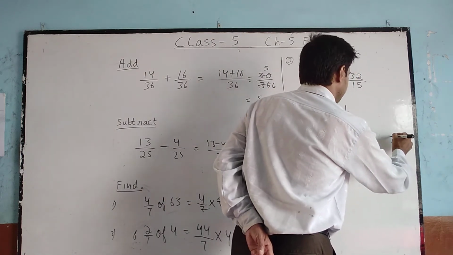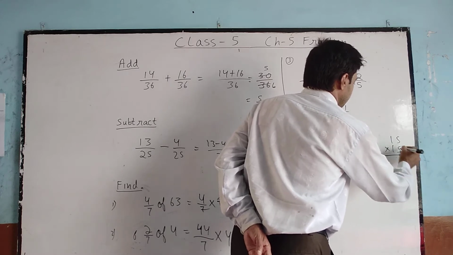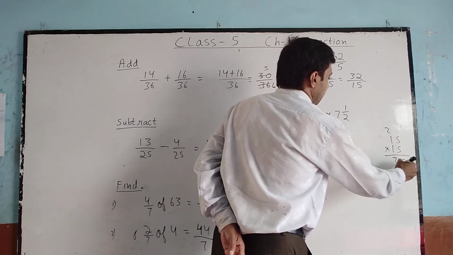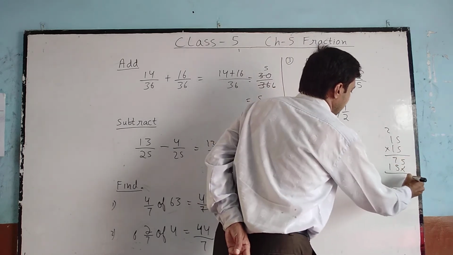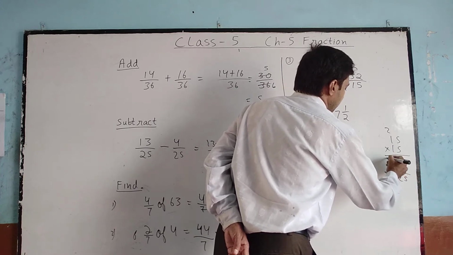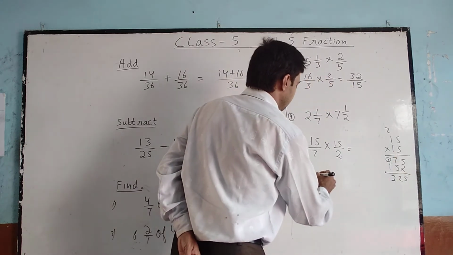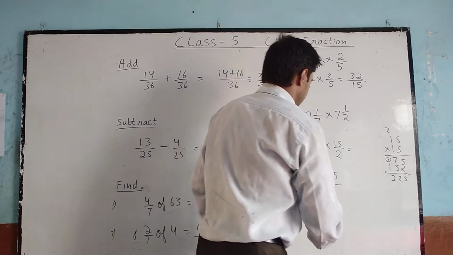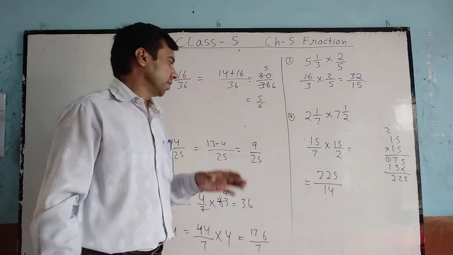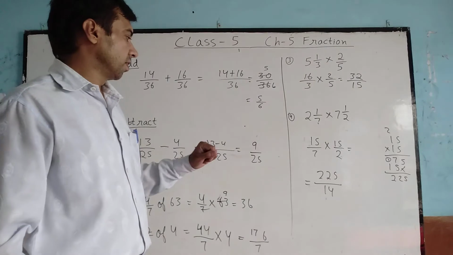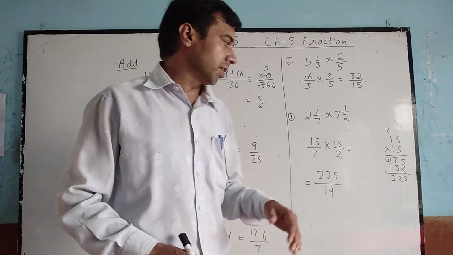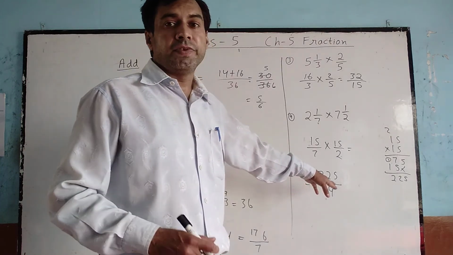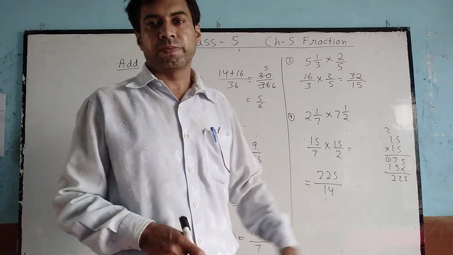Okay, let's start. 5 fives are 25, and so on. The result is 225 upon 14. So students, in this way we take out the product. See, this is an improper fraction. We can convert it into a mixed fraction also.